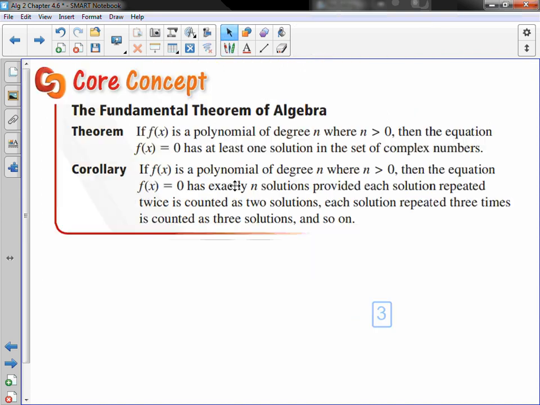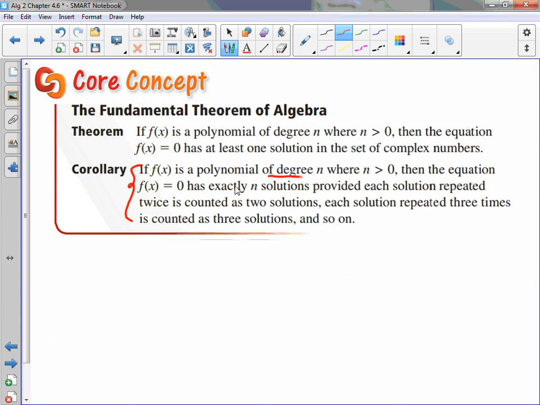That's really what the fundamental theorem of algebra is. In the corollary: for a polynomial of degree n, the equation has exactly n solutions.